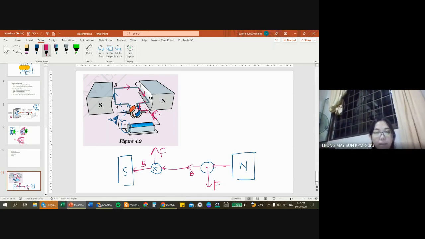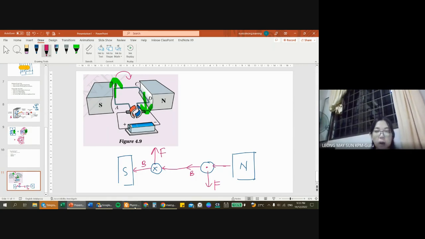So remember, this is the whole entire coil. When this happens, AB is moving up and CD is moving down. One side is being pushed up and the other side is being pushed down, so this coil will rotate clockwise.